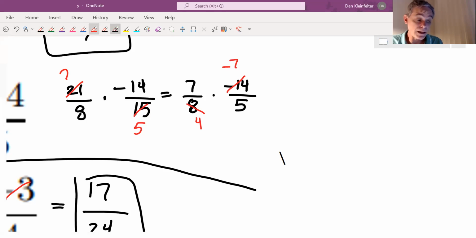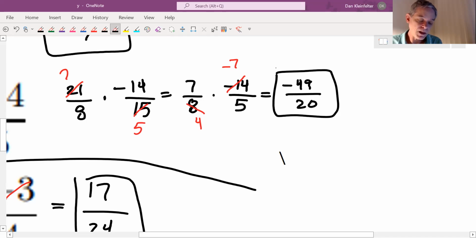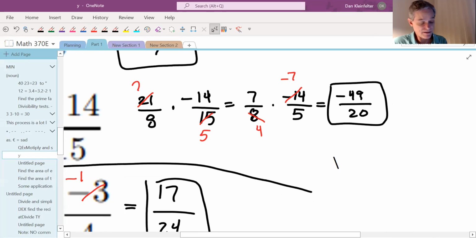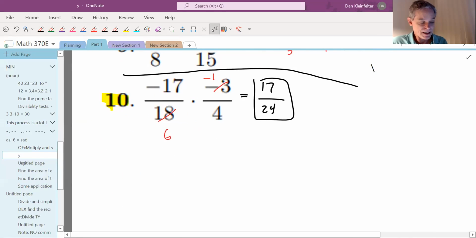Really helps to know your multiplication tables to do all this, doesn't it? Now 7 times negative 7 will be negative 49, and 4 times 5 will be 20. These are kind of fun and relaxing, or at least I hope you think so too. Let's see about some more examples.